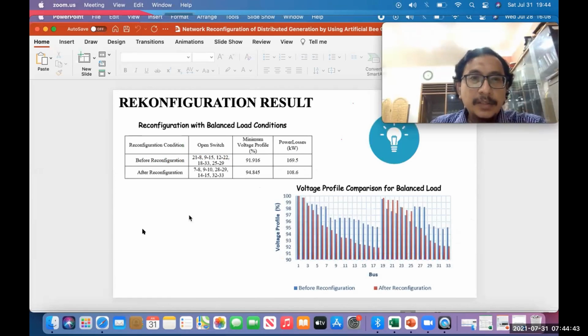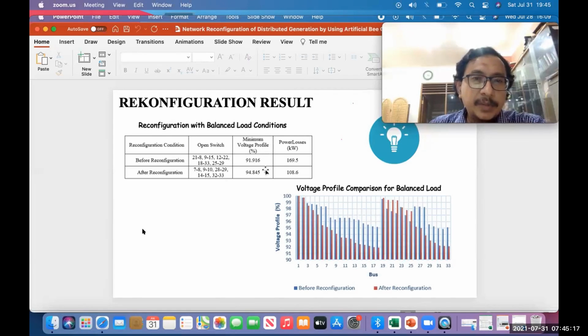And this is the result of the reconfiguration. Reconfiguration with balanced load condition. You can see here, before reconfiguration we have a minimum voltage profile of 91.916%, and after reconfiguration this is higher than before reconfiguration.